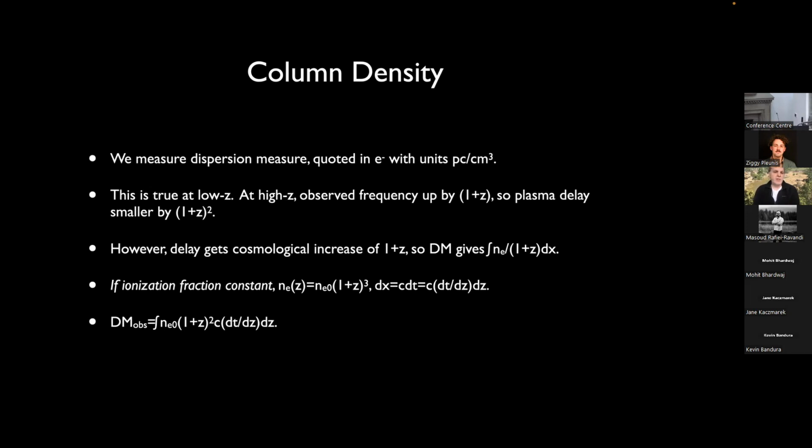So the thing we actually observe is the integral of the density today of electrons times 1 plus z squared times c times this dt/dz factor, integrated over redshift. And this is where the cosmology will come in for large scale things: that dt/dz factor.